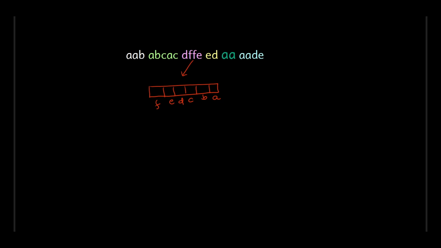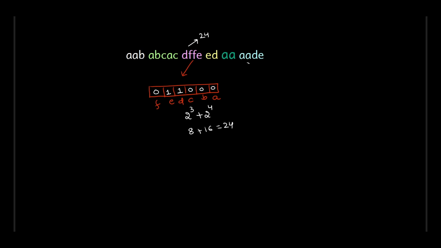The frequency of F is 0, so you write 0 over here, and frequency of D is 1, and frequency of E is also 1, and then the remaining characters are by default 0. So what number does this represent? This is nothing but 2 to the power 3 plus 2 to the power 4, which is nothing but 8 plus 16, which is equal to 24. So the bit mask for this number is 24.